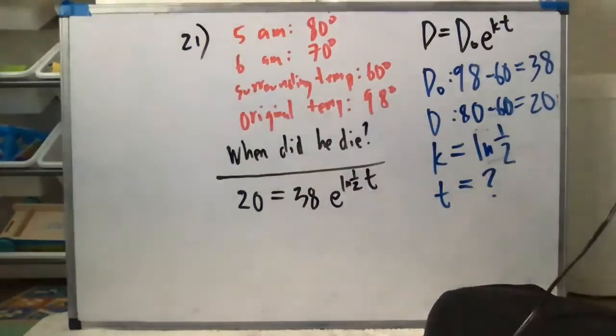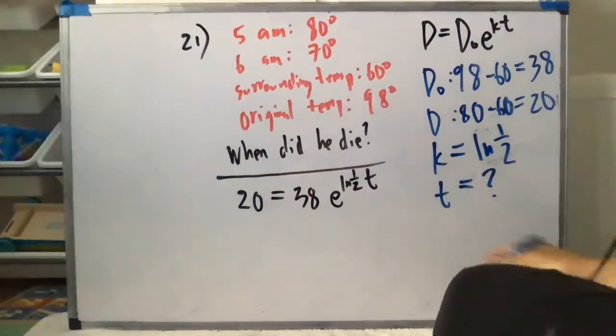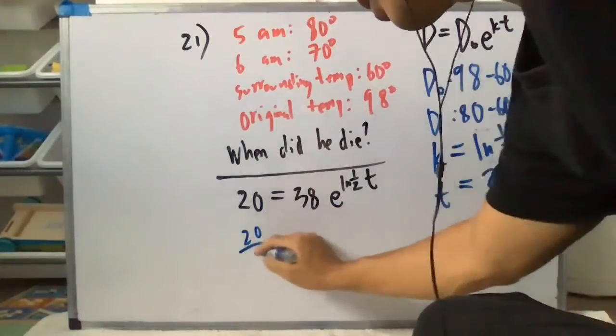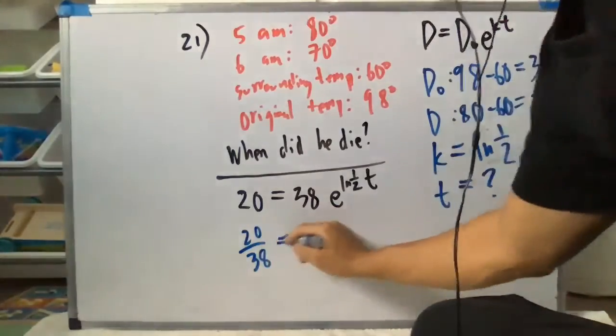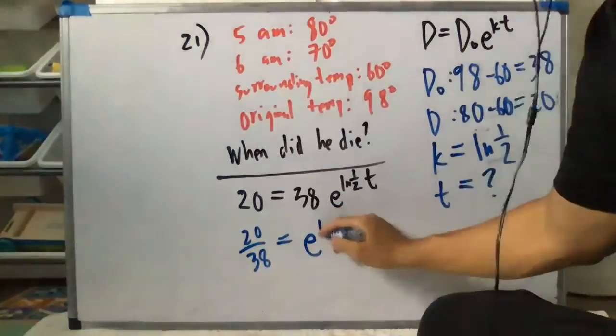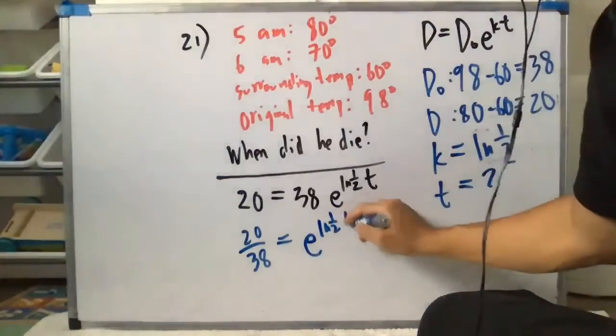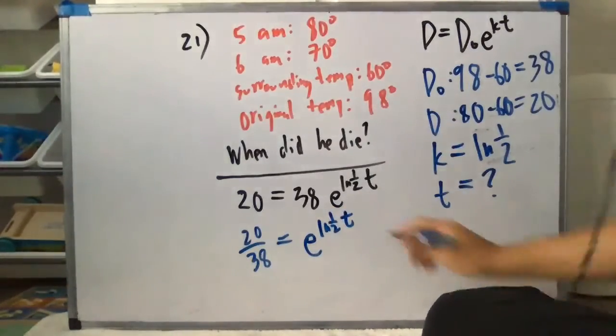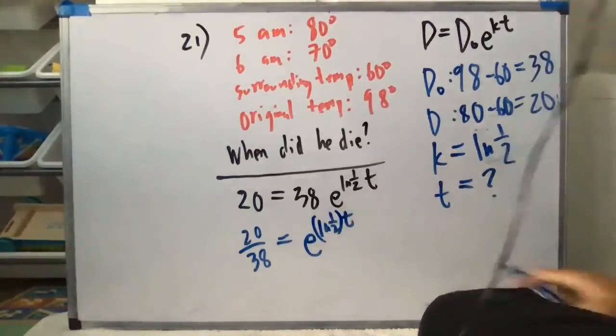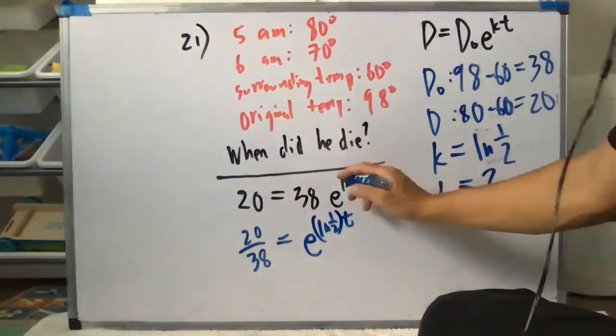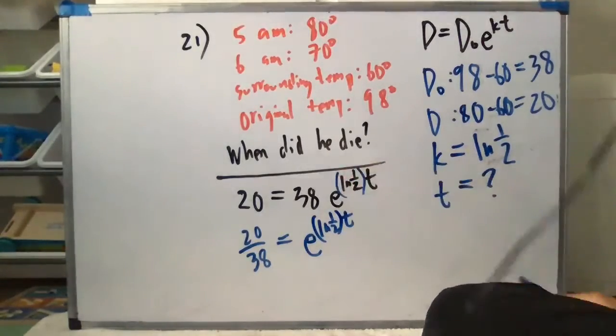So then next thing I'm going to do is just divide both sides by 38. I get 20 over 38 is equal to e to the ln of a half times t. That should be more clear here. It's not ln of a half t, it's ln of a half times t.